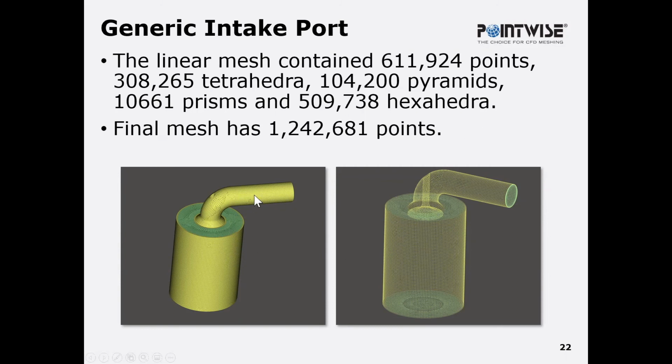The quad surface mesh would grow out layers of hexahedra from the walls, and then on the outside of the layers, it would be filled with pyramids locally and tetrahedra for most of the volume. But the linear mesh initially contained just over 500,000 nodes, and the final mixed order mesh was around double the number of nodes.